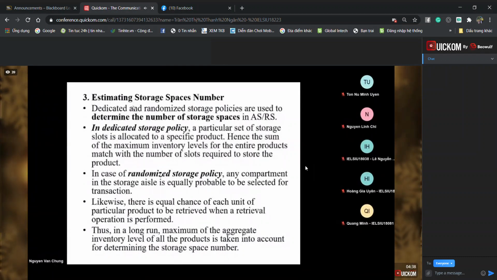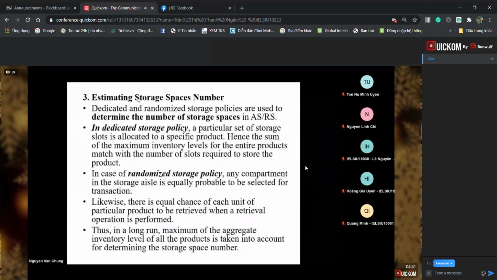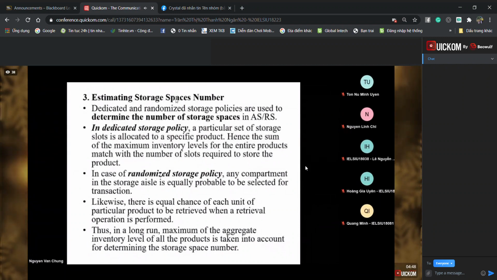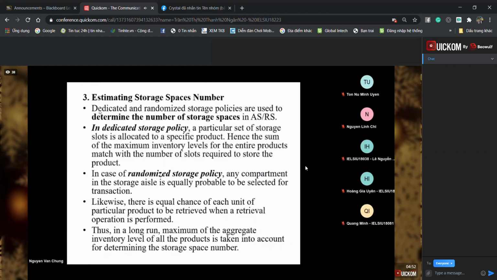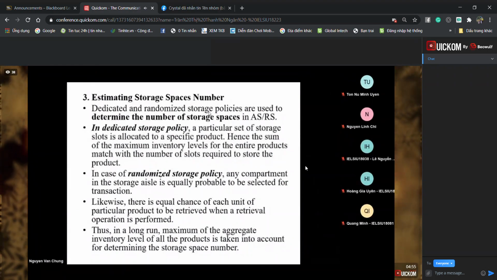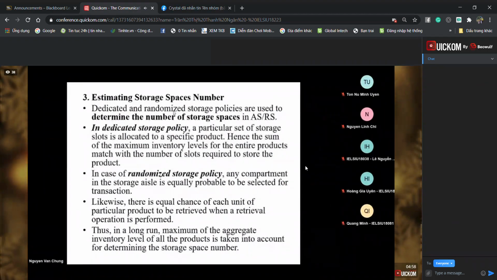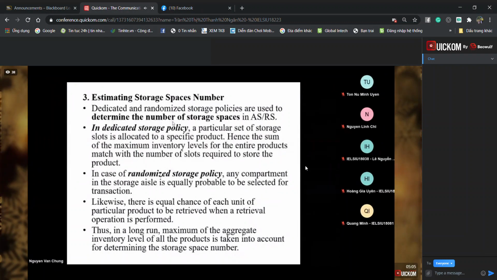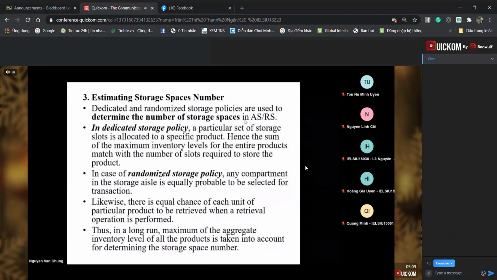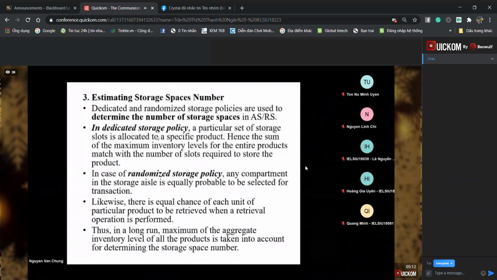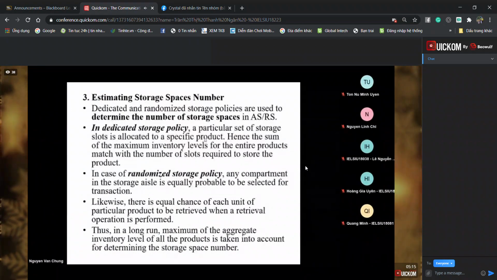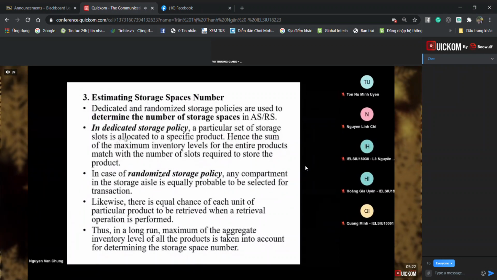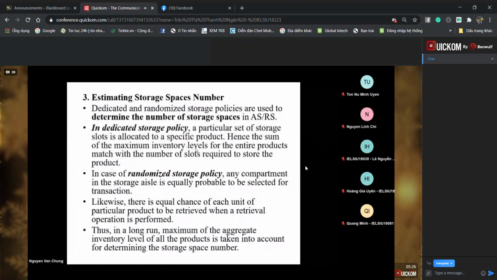We have two policies for storage, dedicated and randomized, and they are used to determine the number of storage spaces. In the dedicated storage policy, a particular set of slots is allocated to a specific product.